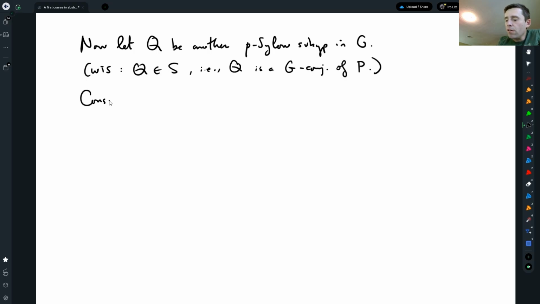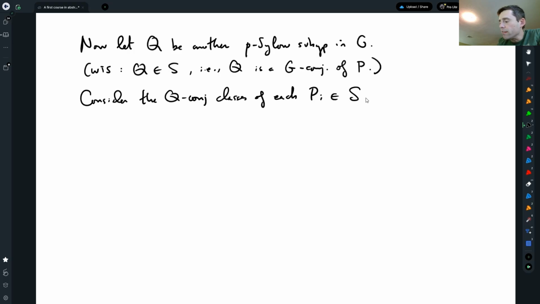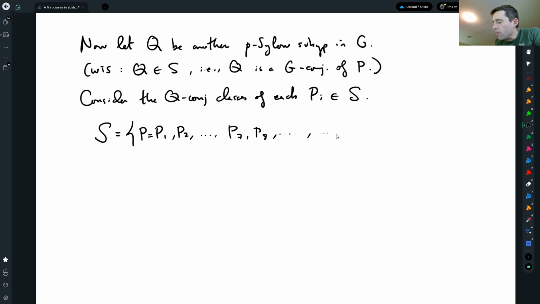Now consider the Q conjugates of each Pi in S. So what is happening here? I have S, which is P, that was P1 and P2, and let me write some numbers here, 7 and 8, and dot, dot, dot, and then some more P's with subscripts up to PK.